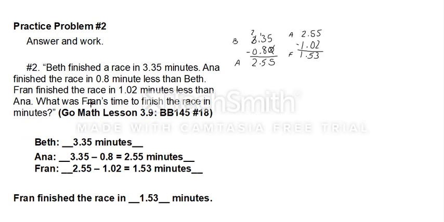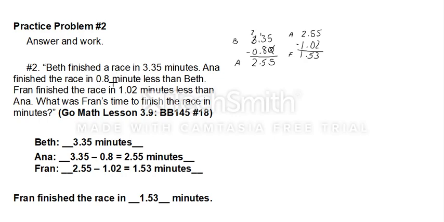So after I read through this problem a few times, I saw that Beth, Anna, and Fran all ran a race. I know that we have Beth's original time of 3 and 3/500 minutes. And then I know that Anna finished her race in 8/10 less. So I know that then Anna's time is going to be less than Beth's.